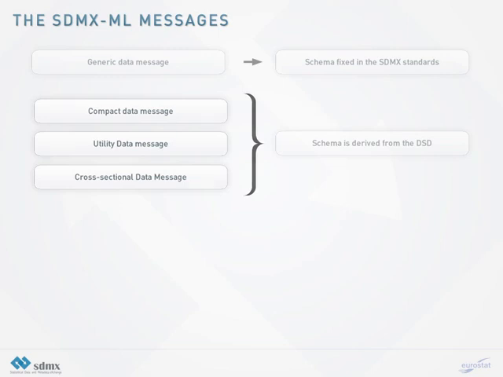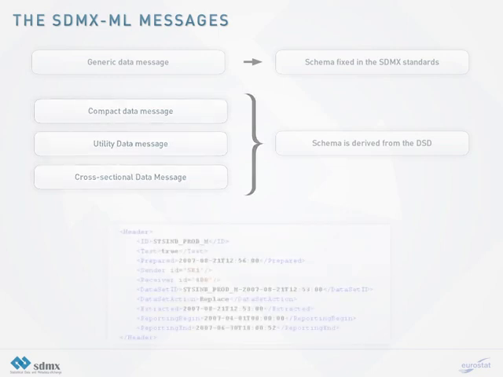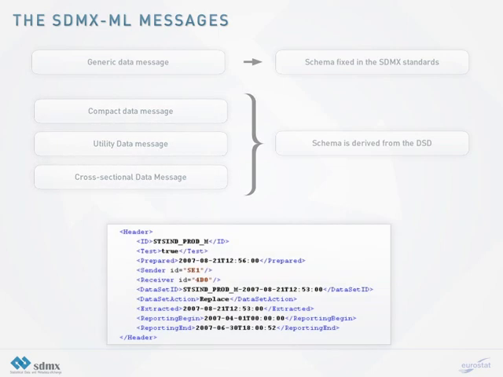A common part for each SDMX ML message is the header element, which has the same basic structure for all message types. Here is a typical header information of an SDMX ML data message on the transmitted dataset.